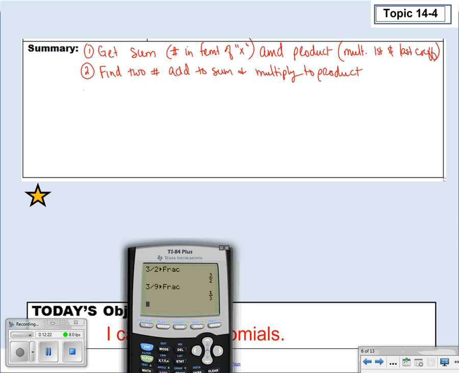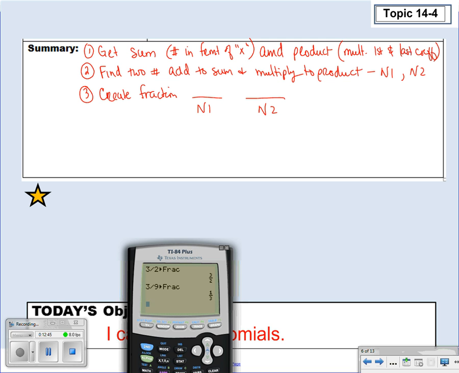Once we found those two numbers, we created a fraction. Okay, and I'm going to go up here and say this is number 1 and number 2. Create a fraction. Number 1 on the bottom, number 2 on the bottom.